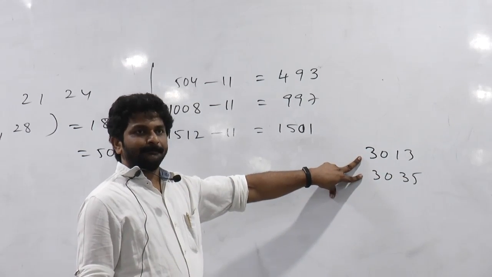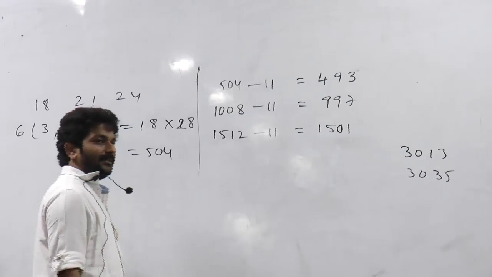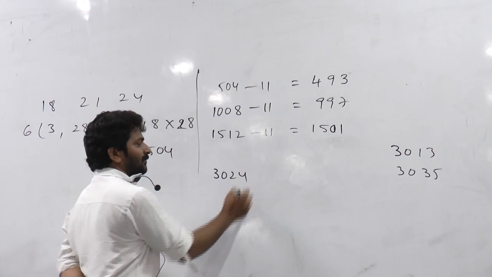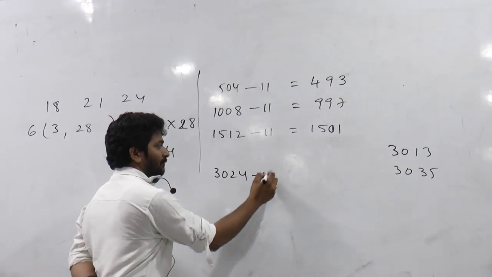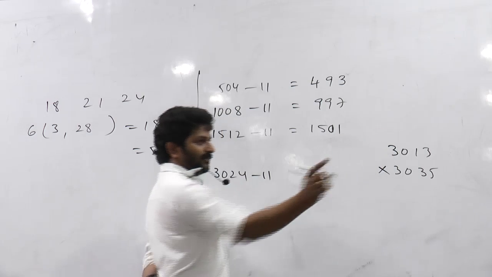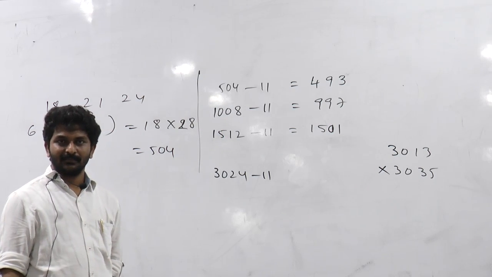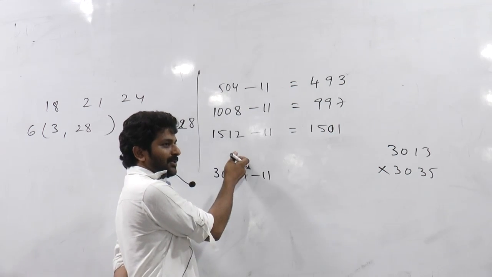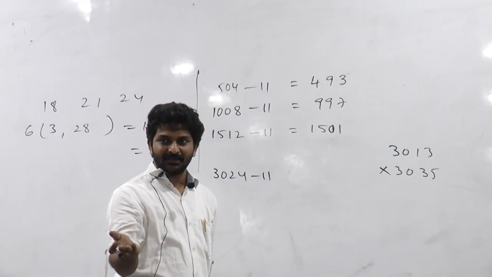Directly go for this number. Next, somewhere around you will have 3024 minus 11. Many combinations here are still not there in the options.